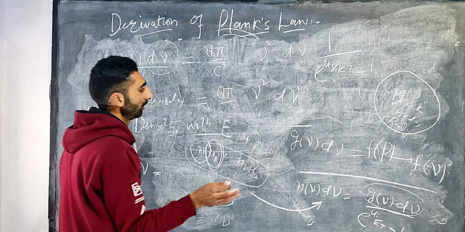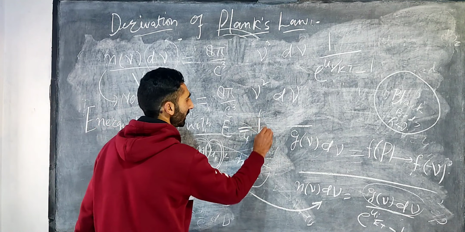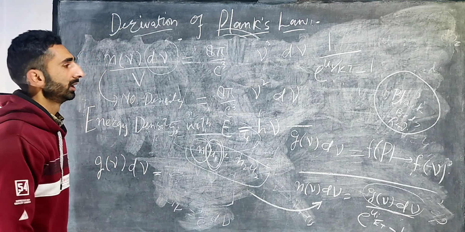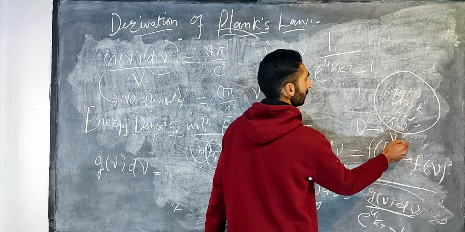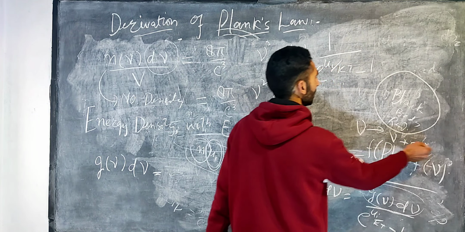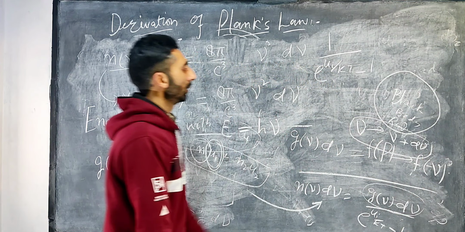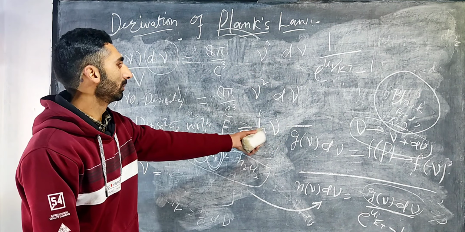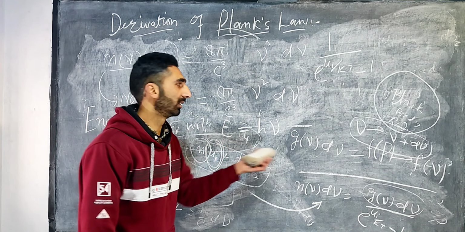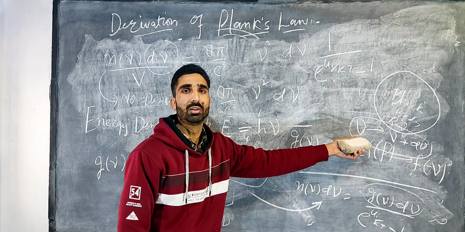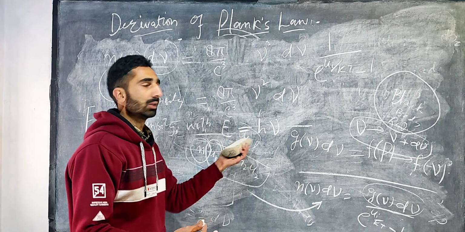We know that for photons the energy is quantized, and that energy is given as E equals h nu, because we have considered the frequency range of nu to nu plus d nu. So for this specific problem, we have to multiply the number density with the energy which has the frequency of nu, and the energy is E equals h nu.